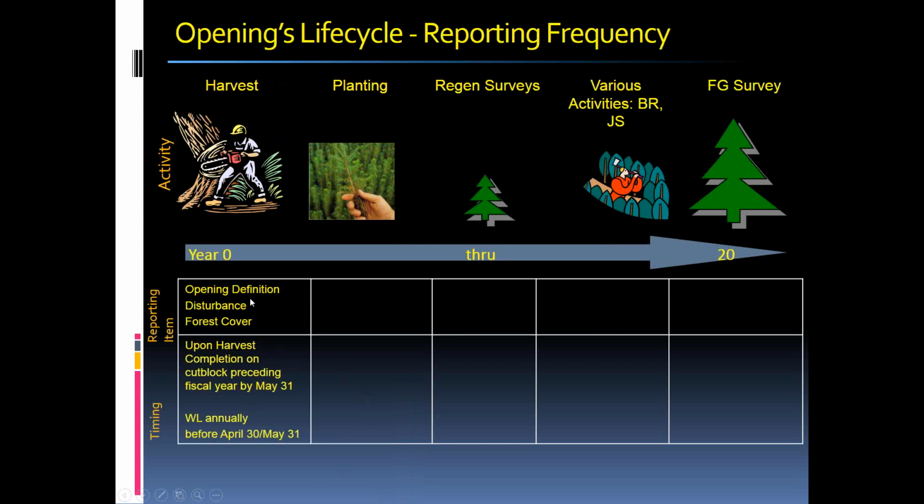But the idea here is that when you have harvest completion, the expectation is that there's going to be an opening definition report, a disturbance report, and a forest cover report with map. That's usually the first submission that comes in for the opening. I also want to emphasize that forest cover reporting is based on the harvest completion, right? Because sometimes we do see examples of forest cover coming in that do not indicate the harvest submission.